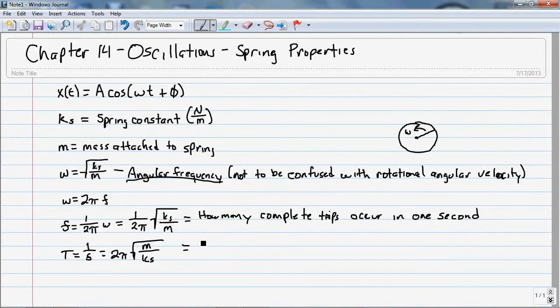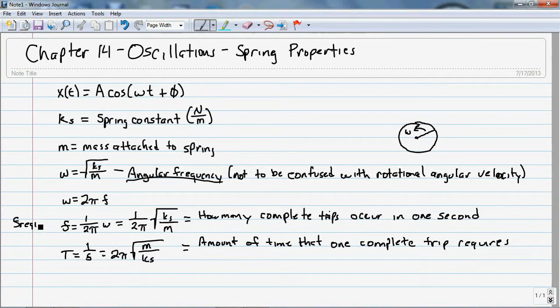And this follows the amount of time that one complete trip requires. So remember that this is frequency. Forgot to write this. And this is period.